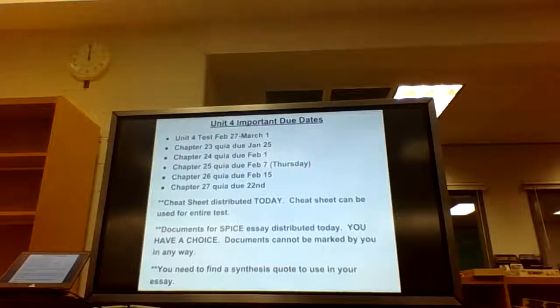Don't let it be you. Let it be someone else. Anywho, the direct quote. You want to print off your synthesis article, but don't mark it. With one exception, draw your little SpongeBob right by the quote so that it's footnoted. Otherwise, if you want to remind yourself what that quote was supposed to mean, you put it on this.